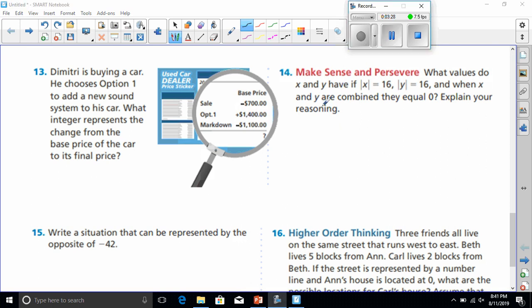Well, we're going to have to do a little arithmetic for this one, as in we have two numbers that are negative: negative 1,100, and then we have another one that is negative 700. Those represent the markdown in the sale price. If we add those together, that gives us a negative 1,800.